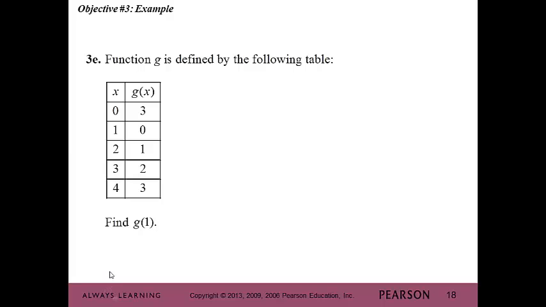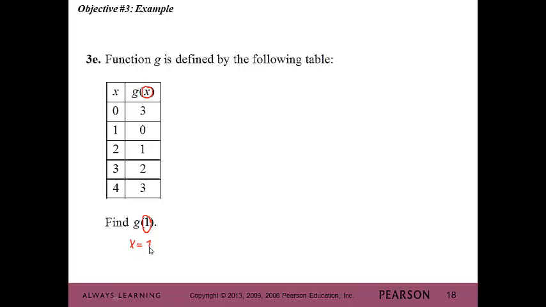Okay, so now we have a table, and it says function g is defined by the following table. And it says find g of 1. Now, if you notice, it says g of x up here. And when we see g of 1, what has replaced the x? 1.